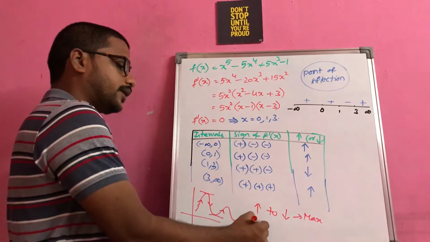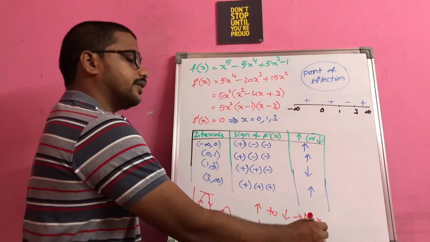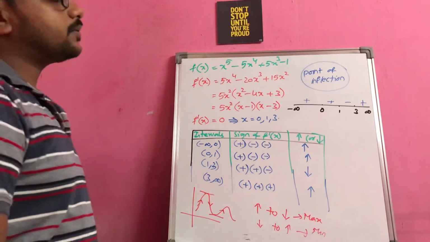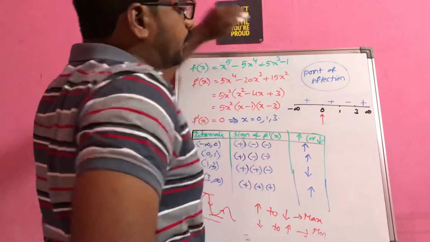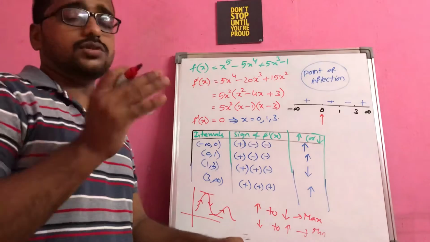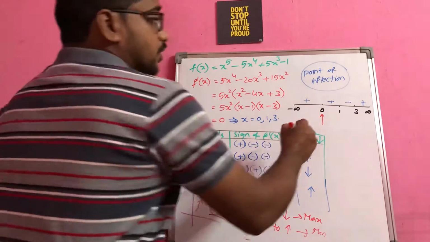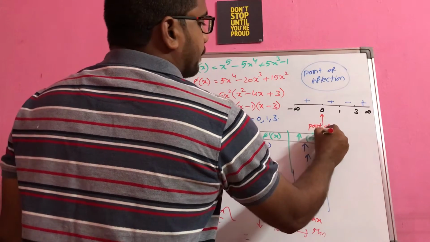Similarly, at this point, decreasing to increasing, I am getting the minimum point, correct? So observe this 0 point: before it is increasing, and even after it is increasing only. So there is no change in behavior of the function. So this point is called a point of inflection.